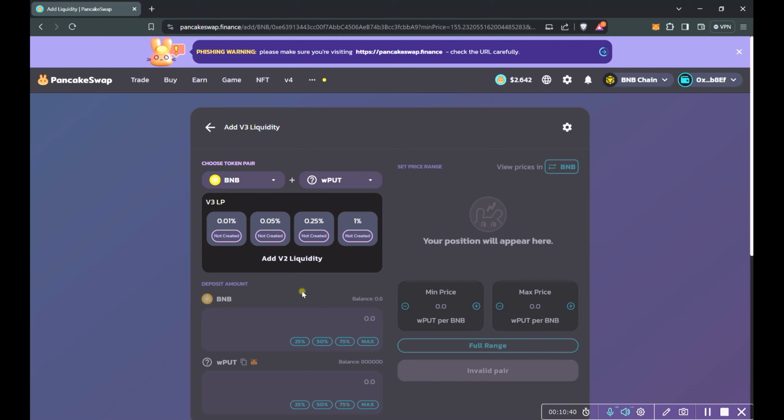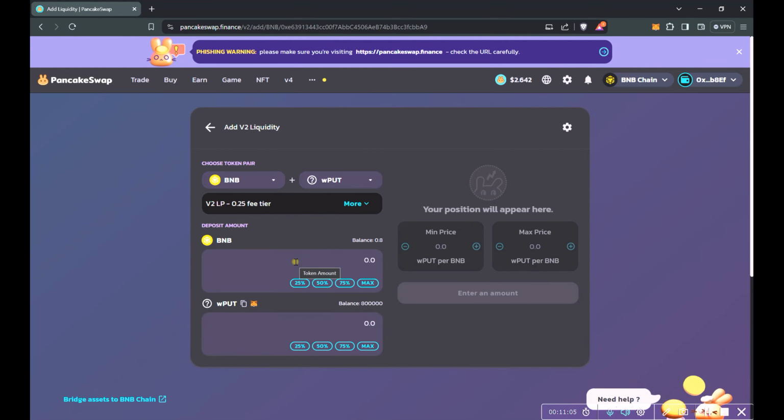But it is a lot more complicated, and we just add V2 liquidity because it's automatically choosing the perfect liquidity range for our liquidity provision. That's also why we set up the Putin coin liquidity pool by using this V2 liquidity plan. So we just click on add V2 liquidity, and then it asks us how much liquidity we want to provide.